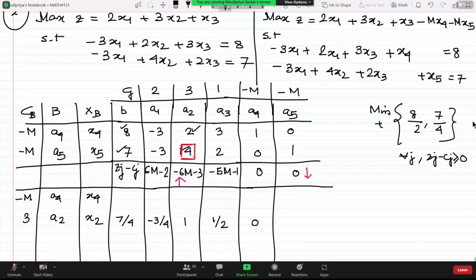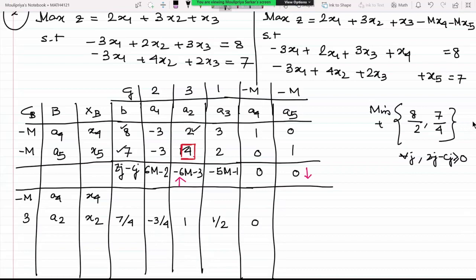And how about the first row? It was initially 8. Here the multiplicative factor would be 2. It was initially 8 minus this 2 into 7 by 4.